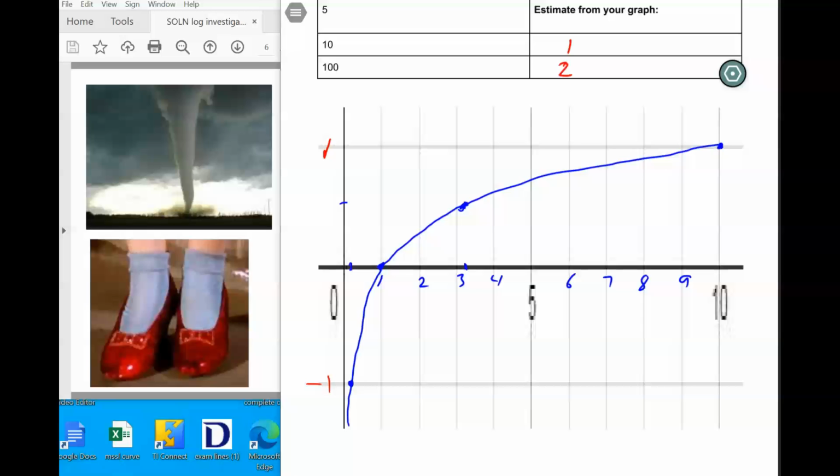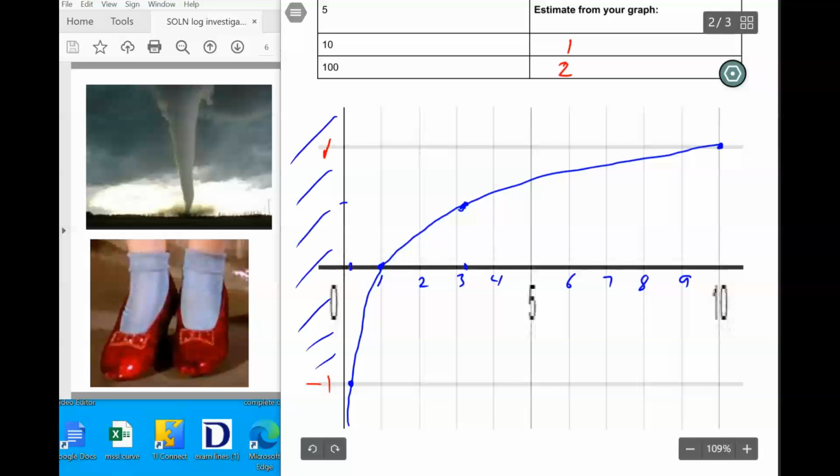Look at how the log graph does not exist on this side of the plane. Because remember, negative numbers in the black and white world do not exist in the log world. So that is why there are no points on this side. What about the point 0 itself? Is there a way to put a red number as the exponent of 10 to get 0?